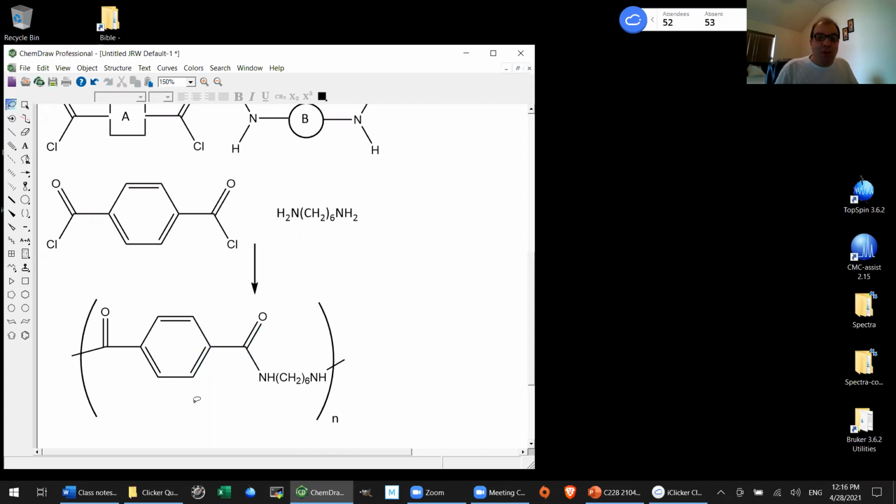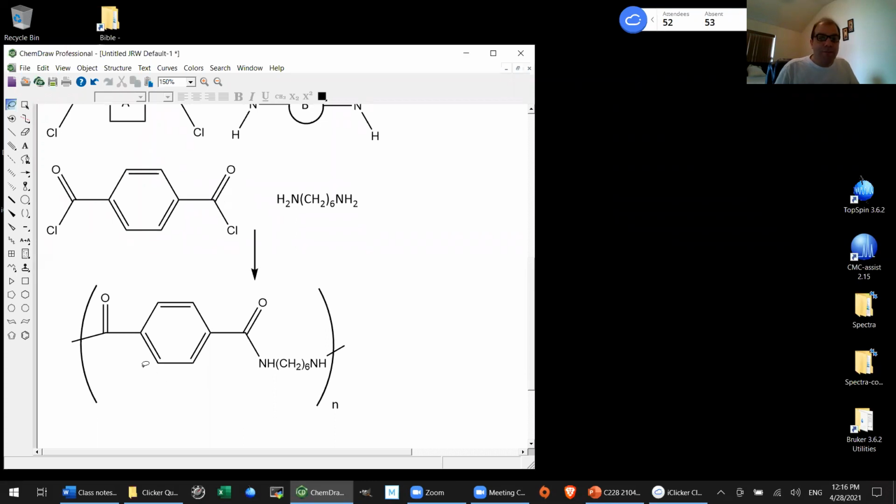I just did one over here because I was running out of room. But when we get to polyesters, I believe, I'll show you other correct ways of drawing a particular structure. But this is what we're trying to show here, right? The HCl molecules, of course, don't make it into the final product. They come off as byproducts, but the structure of the polymer, this is one correct way to draw it.